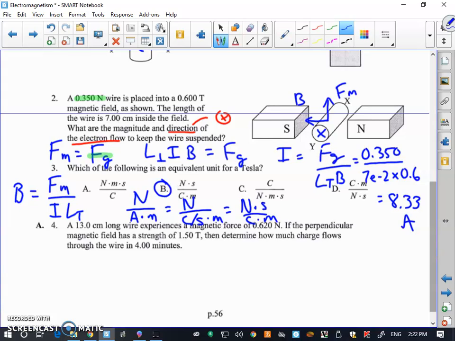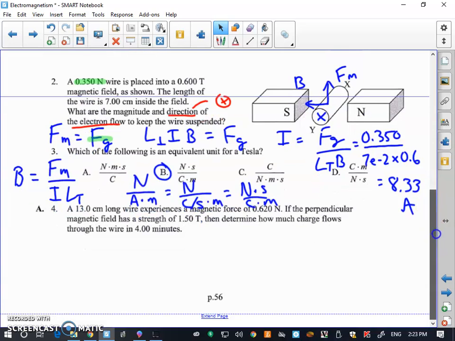All right, question number 4. A 13-centimeter long wire experiences a magnetic force of 0.620 newtons. If the perpendicular magnetic field has a strength of 1.5 teslas, then determine how much charge flows through the wire in 4 minutes. Okay. So we have the whole idea of the force here already given.